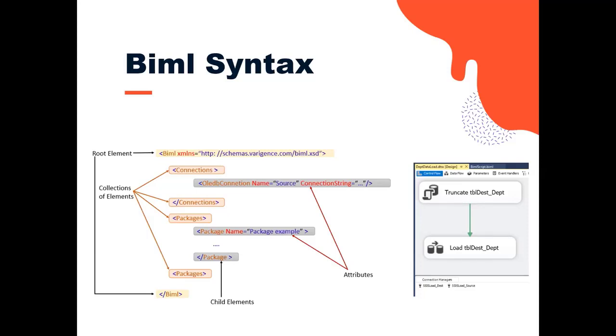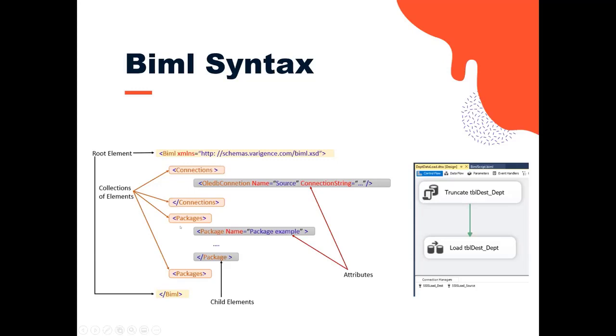When we are creating a Biml file, it's actually auto-generated. This line will auto-generate, and next the element is the collection of elements. It can be a package, database, tables, or schemas. Here you can see a collection of elements. There are connections and packages.